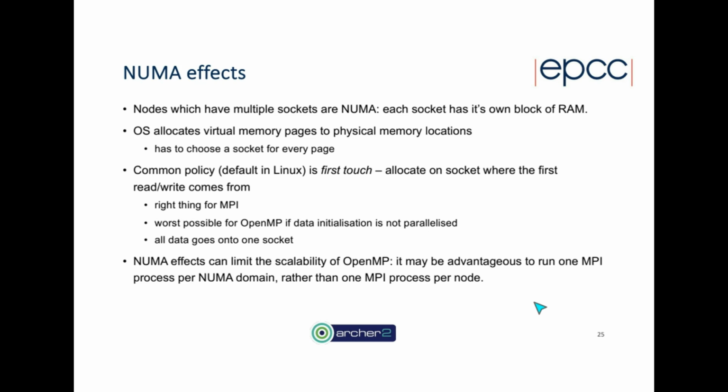So very often the optimum value of threads per process turns out to be maybe 4 or 8, which is quite common. Quite often it ends up being 4 because of the level 3 cache structure.